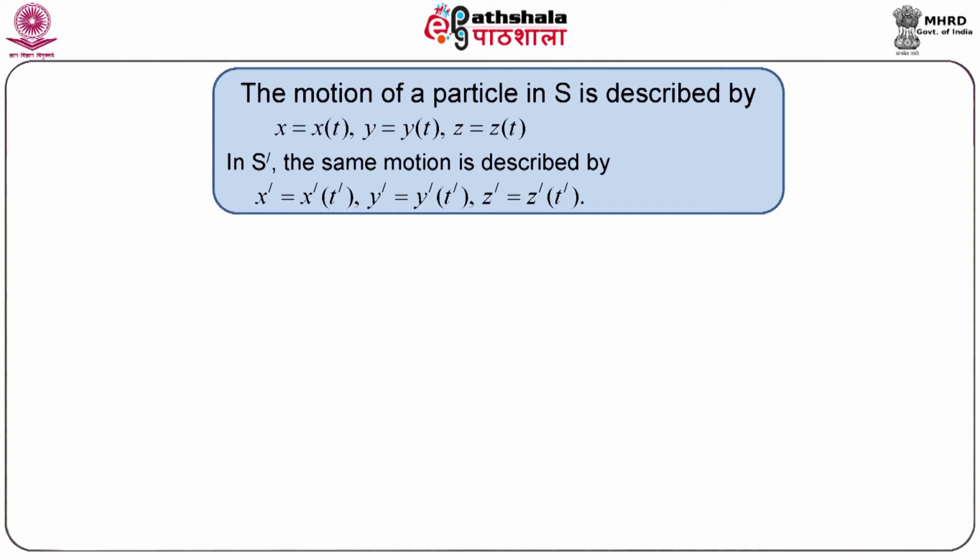So, x, y, z and t are known as space-time coordinates. In a similar manner, in frame S dash, the same motion is described by the positional coordinates x dash, which is a function of time t dash, y dash, which is also a function of time t dash, and z dash, which is again a function of time t dash.